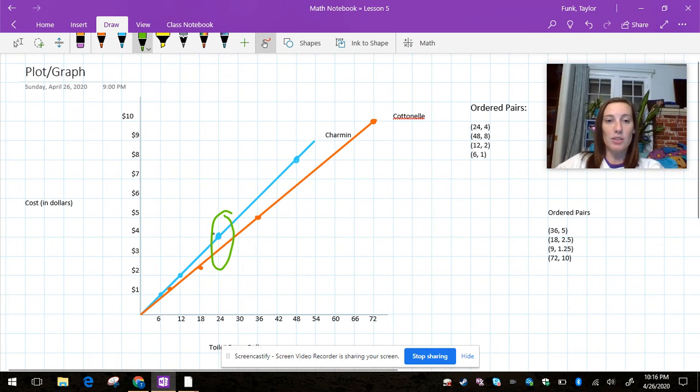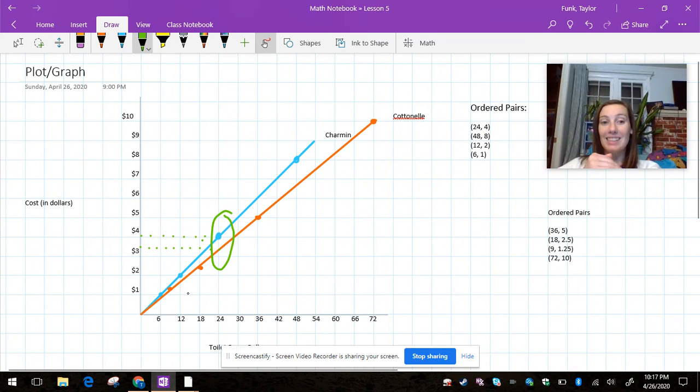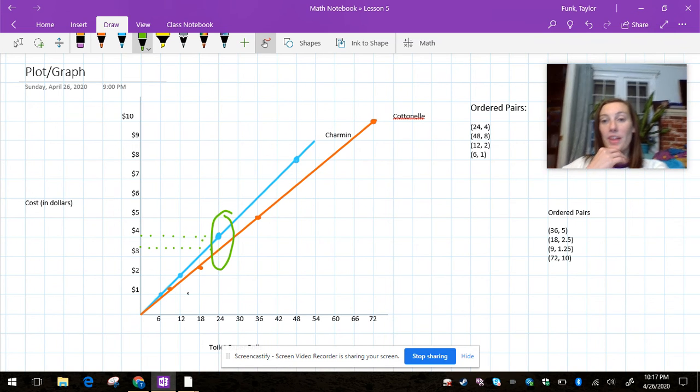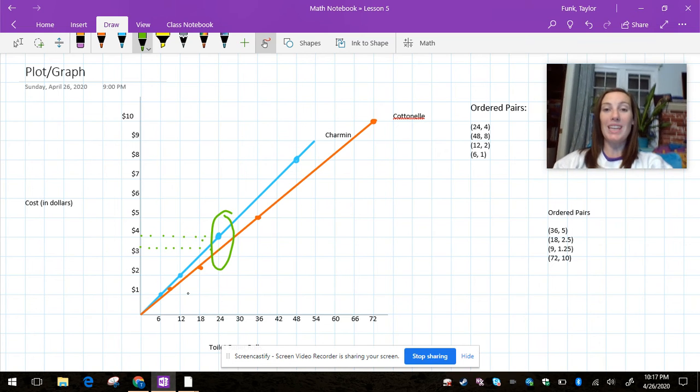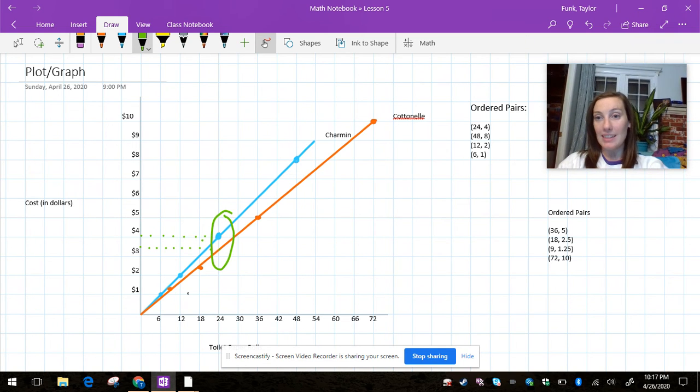So it's going to cost us $4 to buy 24 rolls of Charmin, but 24 rolls of Cottonelle is going to be less than that. It's going to be about $3.50. So we can see, without actually calculating the unit rates, that Cottonelle is the better buy.